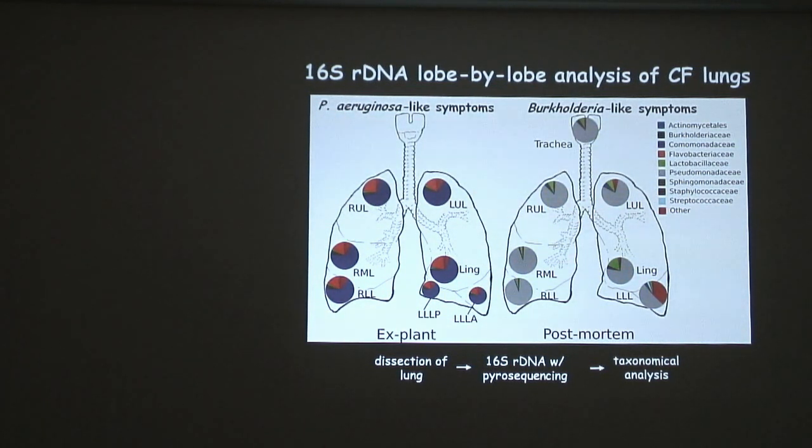It's actually not that different in different places. You see these are the different 16S by pyrosequencing, and essentially this whole lung looks the same. Even though we know we have more Pseudomonas up here because of the upper airway, they stray into this part, and you see basically the same community.